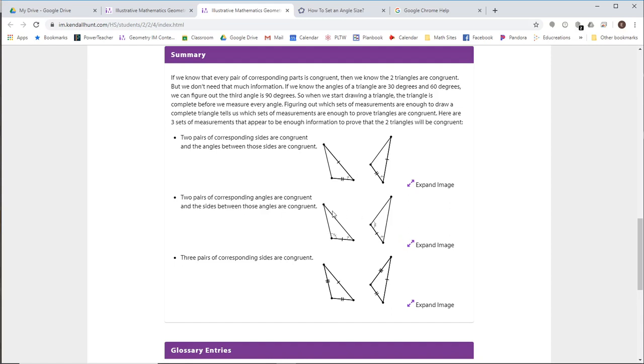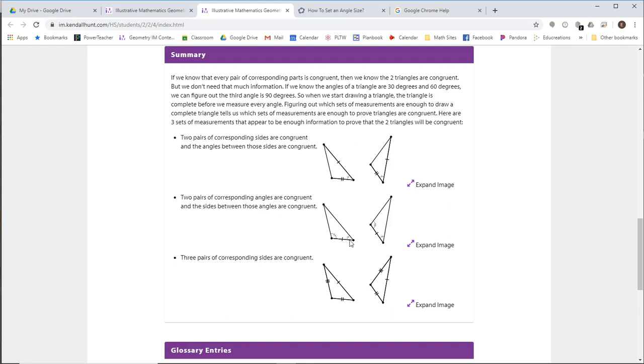The last thing we can have is if we know all three pairs of corresponding sides are congruent, then we can say that the triangles are congruent as well.